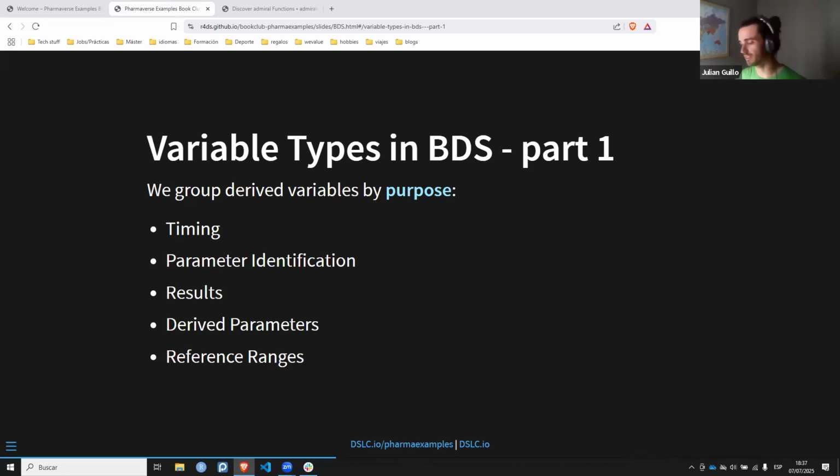Perfect. Okay, then I'm going to go through all the variable names that Jim likes. I'm going to go through several different variable types in BDS.